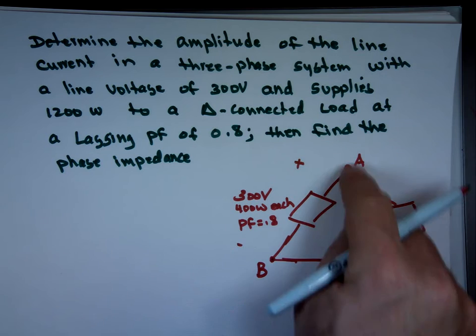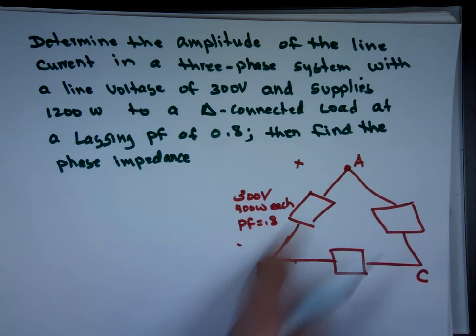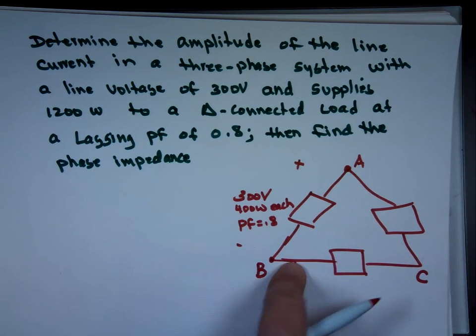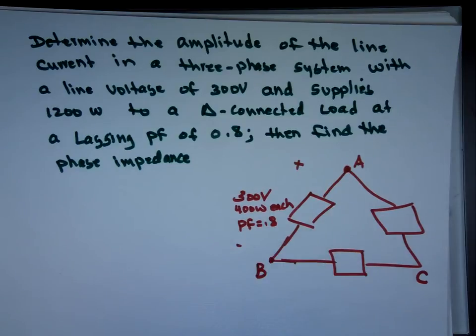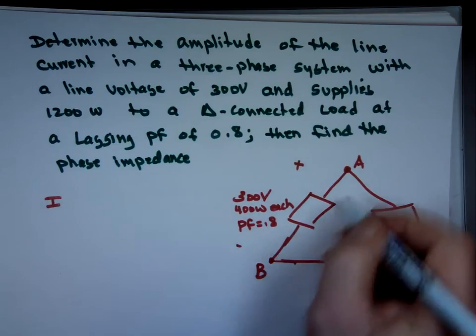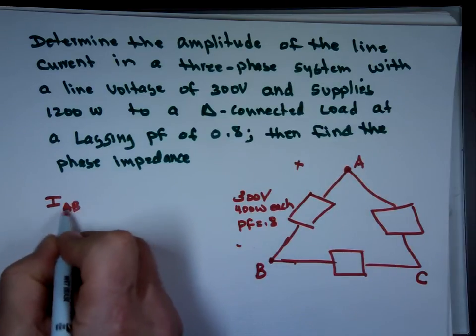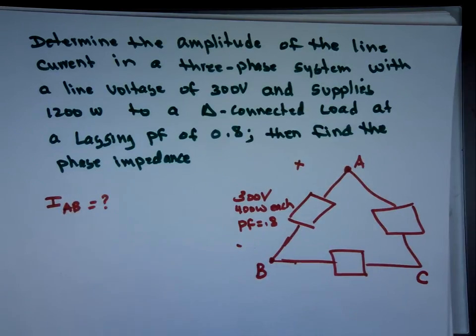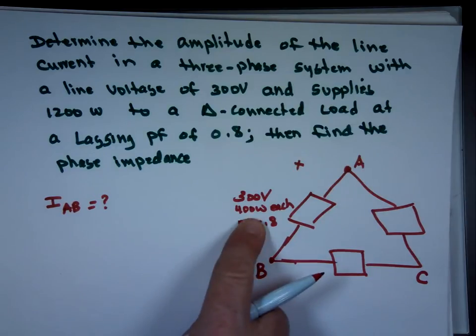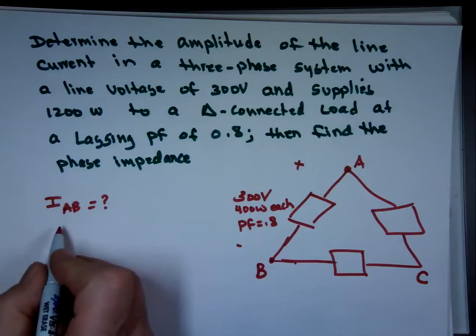So we can calculate what we call per phase for each one of these. We can calculate what that current is. That current, let's call it IAB here so you'll know. Can we figure what that current is? Power is voltage times current. That's average power, good.